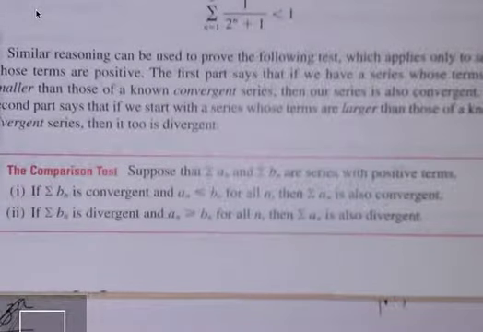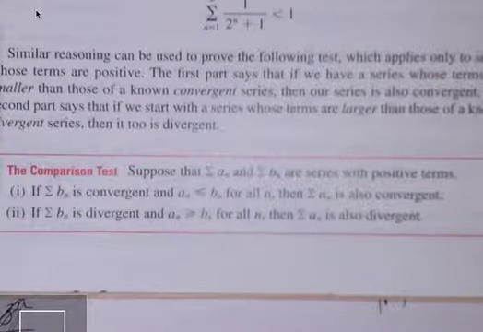Well, just very quickly, let's go ahead and see the way that your book basically explains it. It says, suppose, and let me see if I can zoom in on this. Okay, there we go. That's a good one. Suppose that sigma of A sub n and sigma of B sub n are series with positive terms.